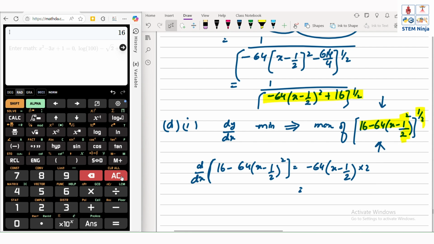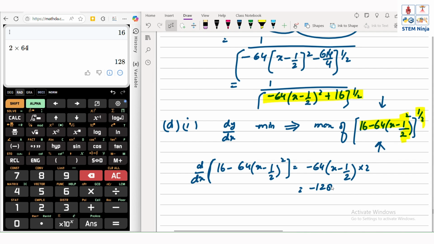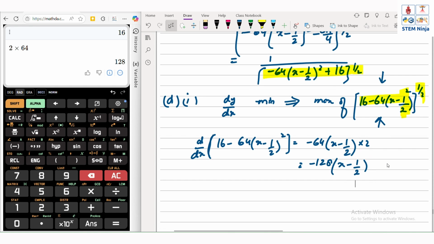So we have 2 times 64, that is 128, x minus 1 over 2. Right. So we need this thing, since we are already doing max of this, to be equal to 0. So we will get x is equal to half.